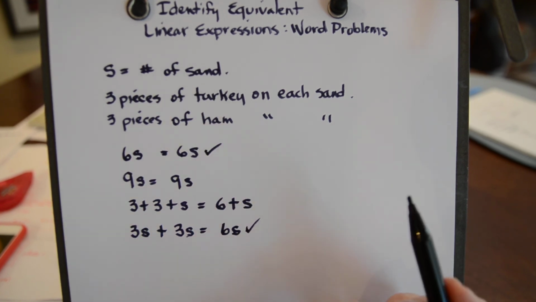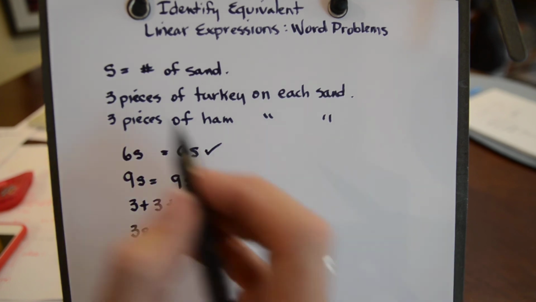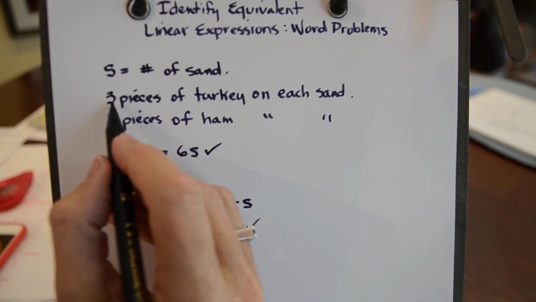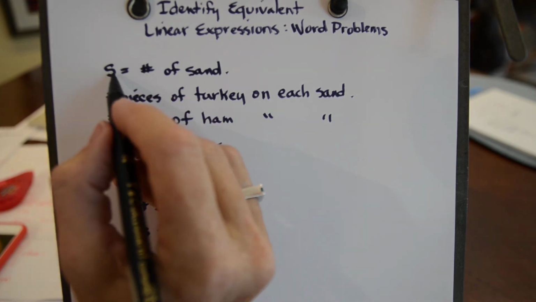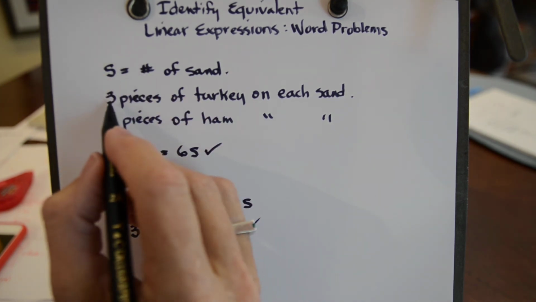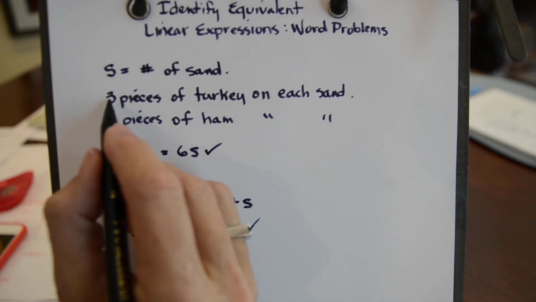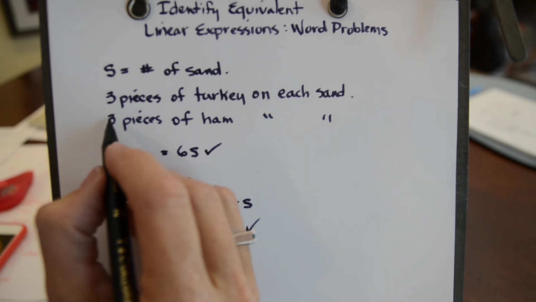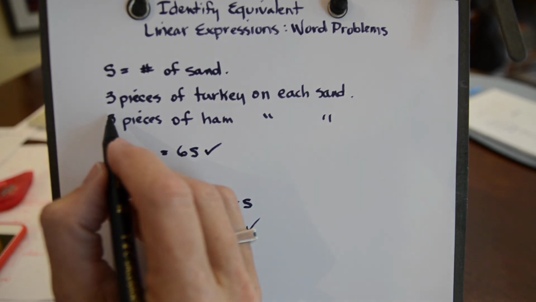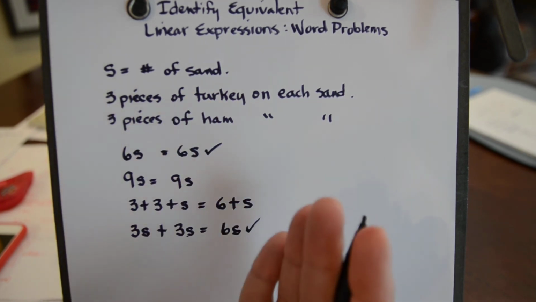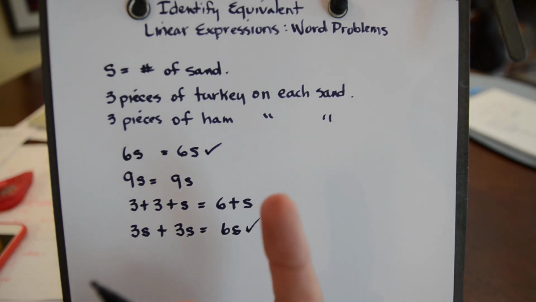Now, if we went back to our word problem, we could see that on one sandwich, there are 3 pieces of turkey and another 3 pieces of ham. So I could add these 3 pieces of each kind of meat together, but then I've got 6 pieces of meat, but that's just on one sandwich.